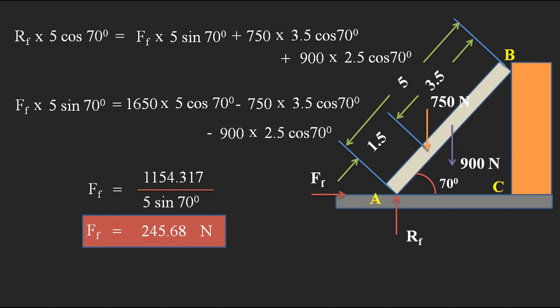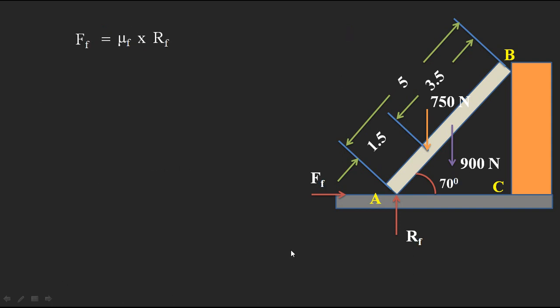Next we need to go for finding the required term, which is the coefficient of friction. For finding the coefficient of friction, we already know the general formula: force of friction is equal to coefficient of friction into normal reaction RF. Force of friction we have determined, mu F we need to find out, and RF we have already determined, which is 1650 newtons. So try to substitute those values in this equation, or otherwise modify it here.